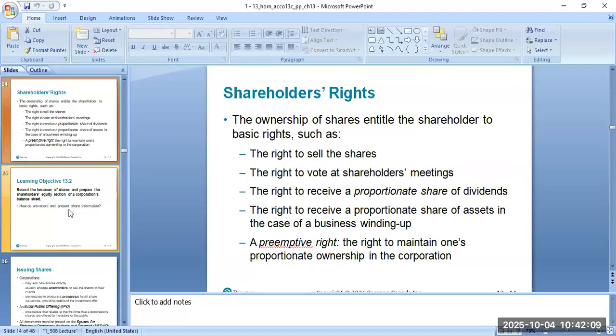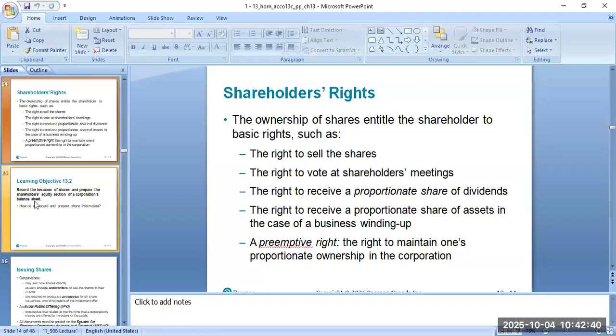Now, what are the rights of the shareholders? Well, okay, I own one share. What are my rights? Well, I have the right to sell the shares. I don't have to keep it for the rest of my life or not do anything. I can sell it. Also, if I own common shares, I have a right to vote.